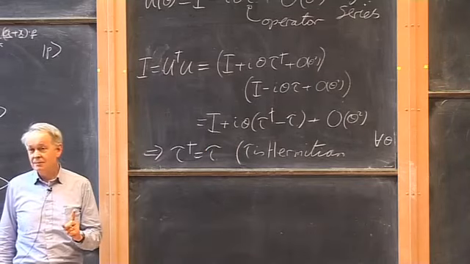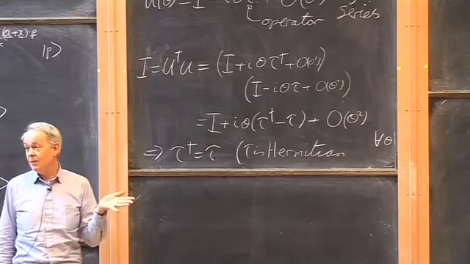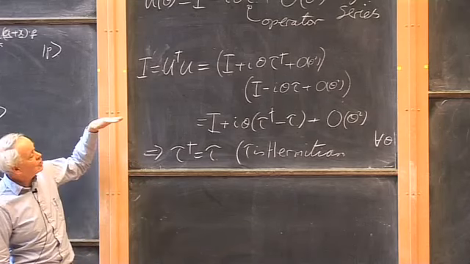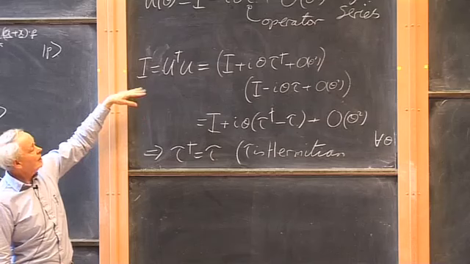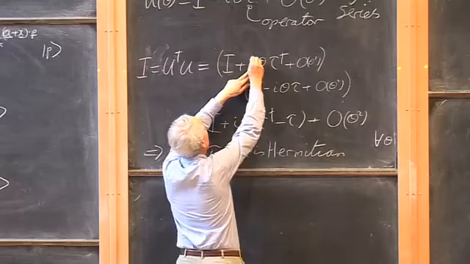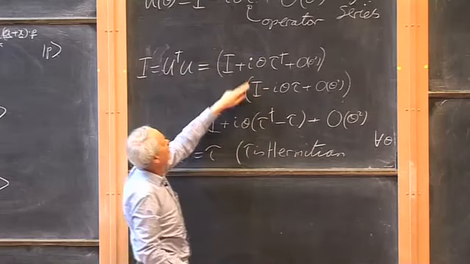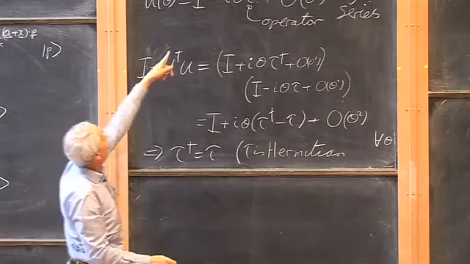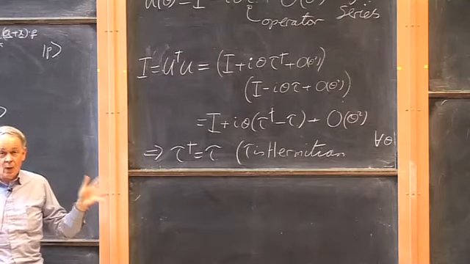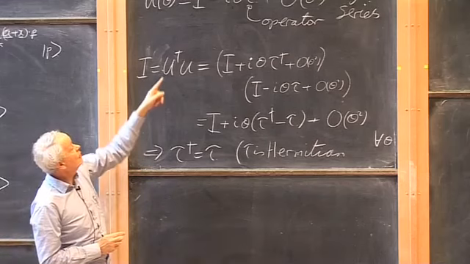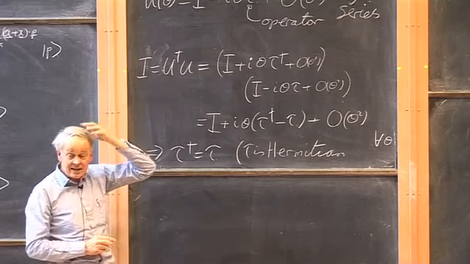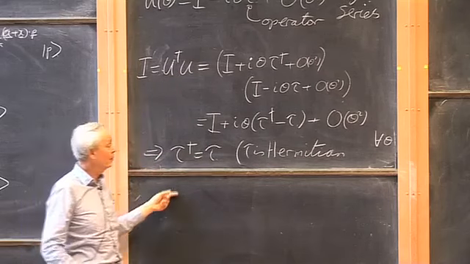Hermitian operators, we suspect, are associated with observables. So the argument here is that every such transformation is going to be associated with a Hermitian operator. And the reason this i was put in up there, which was a totally gratuitous decoration, is that, looking forward, it ensures that tau is a Hermitian operator rather than an anti-Hermitian operator, which it would have been if the i had not been put in.